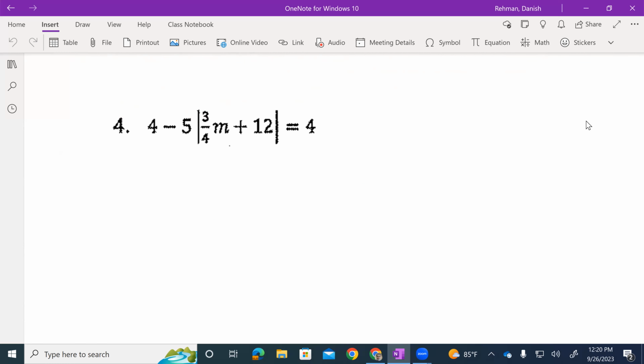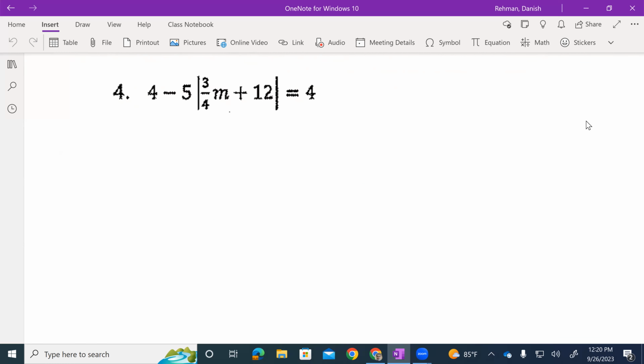Okay, so this is question number 4. What do you think is the absolute value expression here? Okay, good answer. This one, yellow highlighted. Is it not the absolute value expression? I will not include the 5 there.